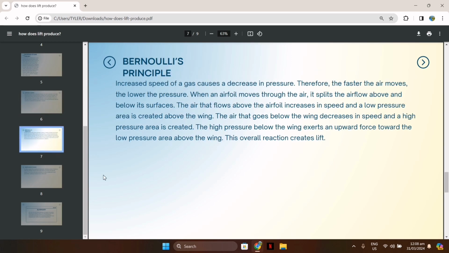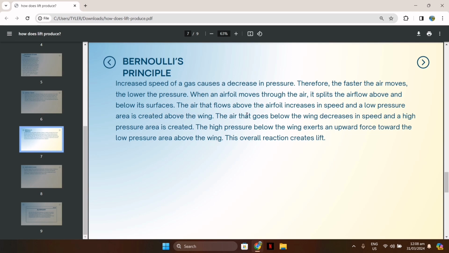The next is Bernoulli's principle. According to Bernoulli's principle, increased speed of a gas causes a decrease in pressure. Therefore, the faster the air moves, the lower the pressure. When an airfoil moves through the air, it splits the air above and below its surfaces.